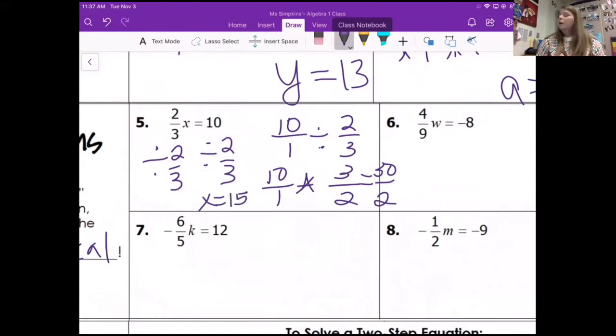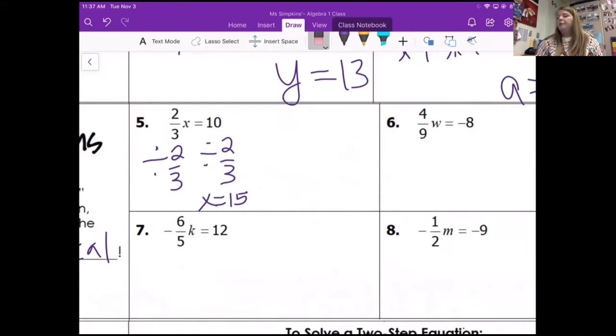Now, let's talk about showing our work. I don't care if you show your work. Makes no difference in my life. Because you have a calculator, why would I force you to show your work? But if you start getting every answer wrong, what's Miss Simpkins gonna say?